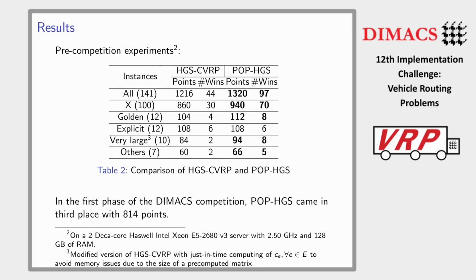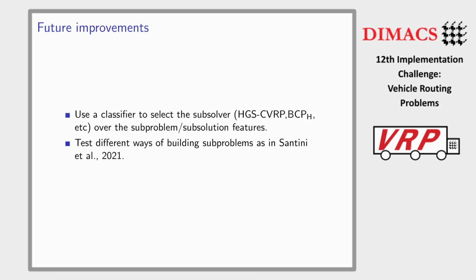In the first phase of the competition, our solver came in 3rd place with 814 points. So for the future, this solver could be improved using some classifier to select different subsolvers, for example, HGS and the BCPH, over the subproblems or even the sub-solution features.